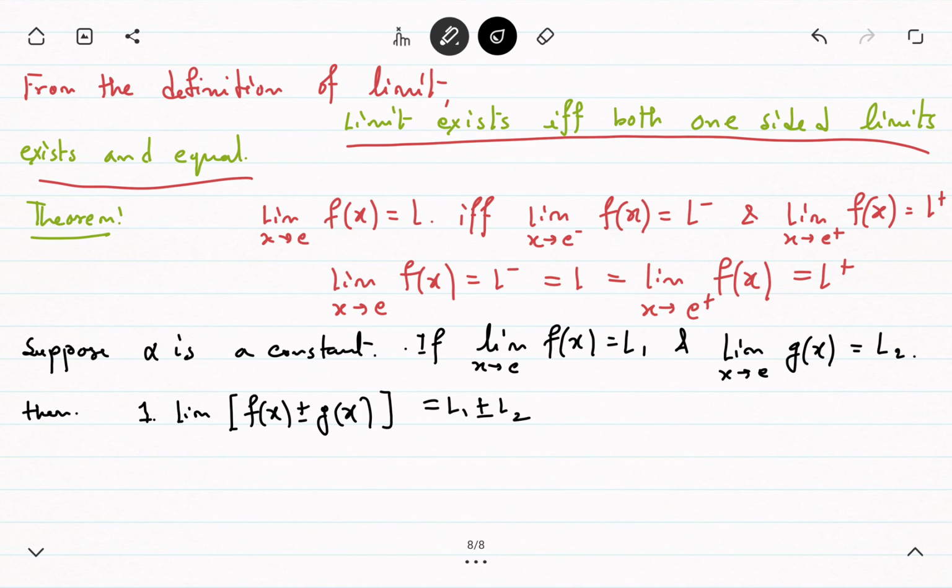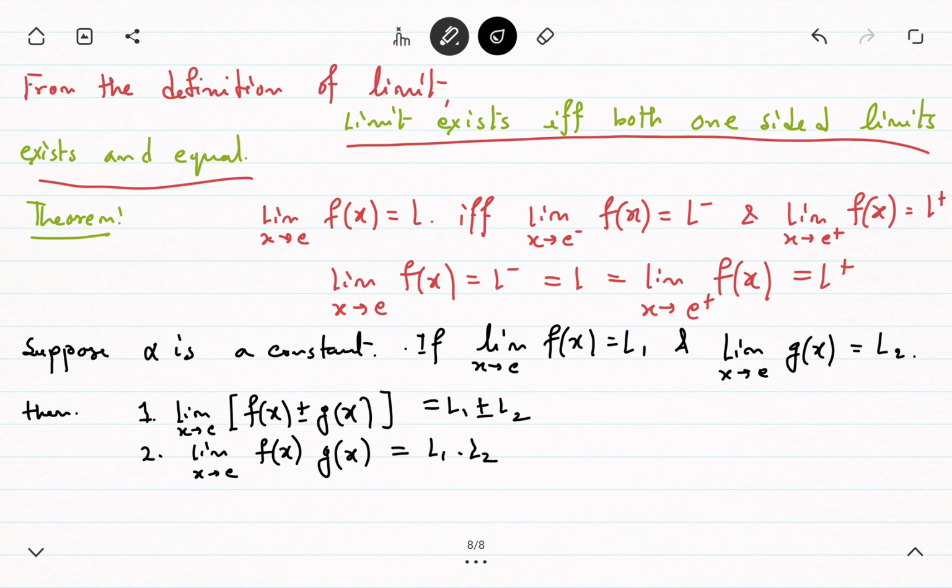And the next thing is the limit as x tends to c of f of x times g of x, which will be L1 times L2.